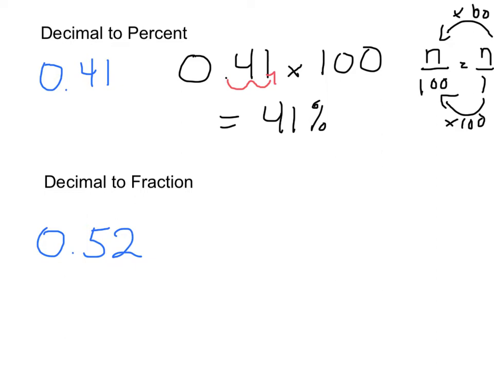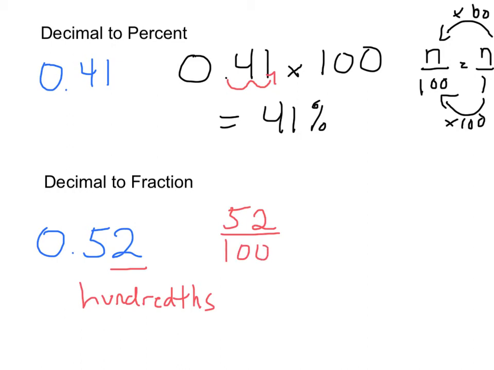The key there is that the last one is in the hundredths. Just going to quickly write that down, hundredths. What that means is, all I have to do now is take the number that falls after the decimal place and write it over 100. So my answer should be 52 over 100.